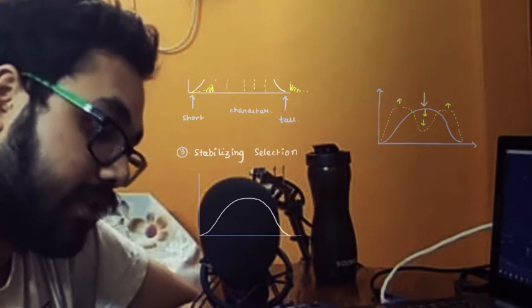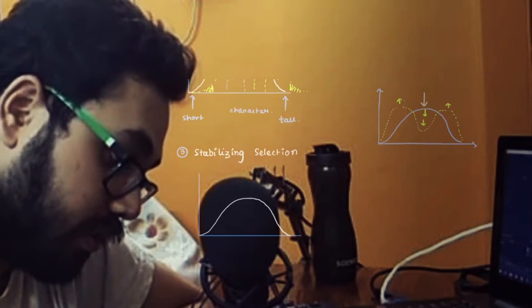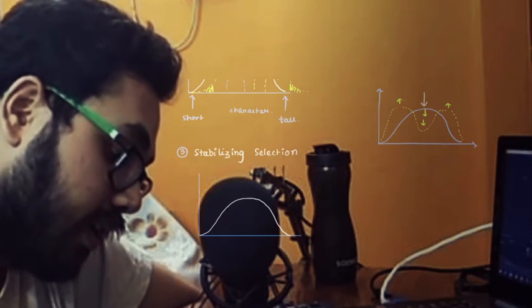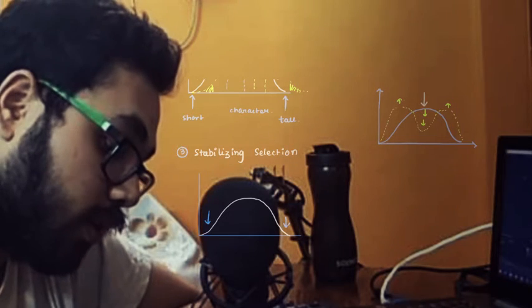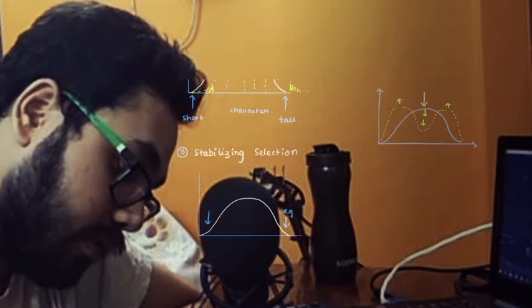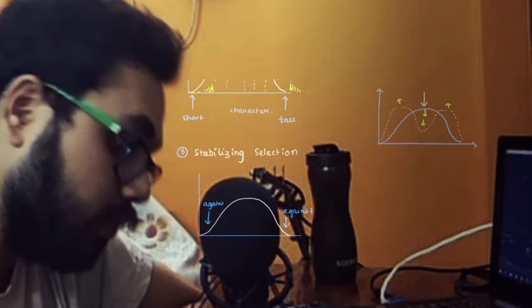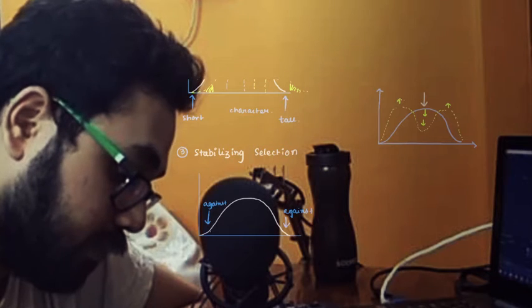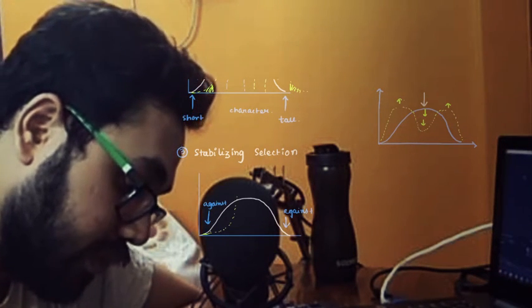In stabilizing selection, what happens? The selection pressure is working against both the extremes.